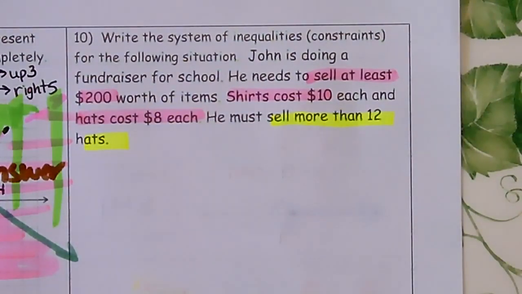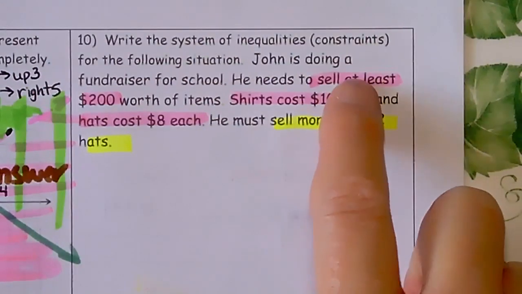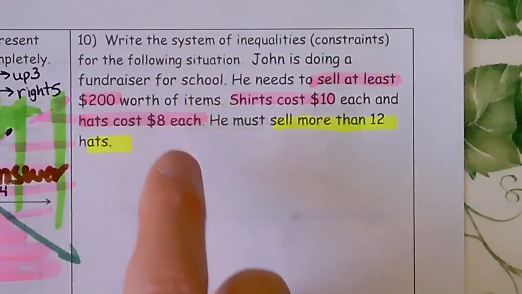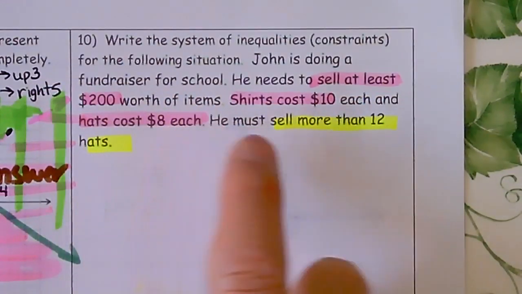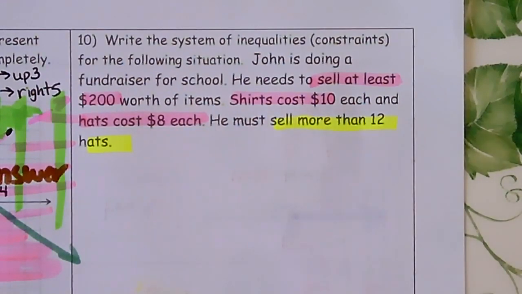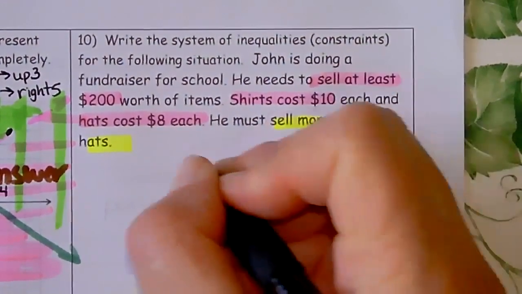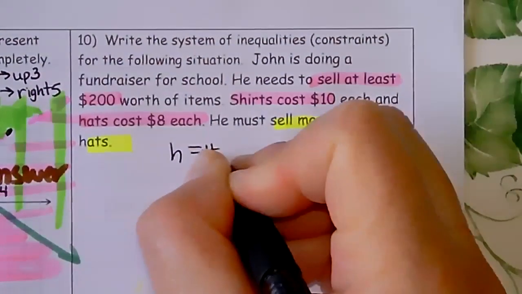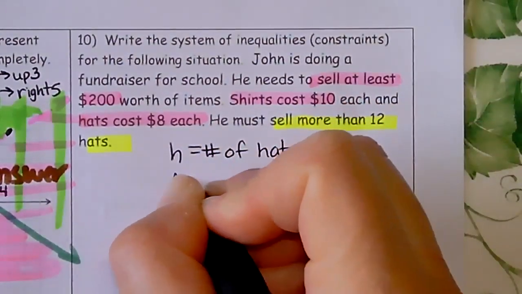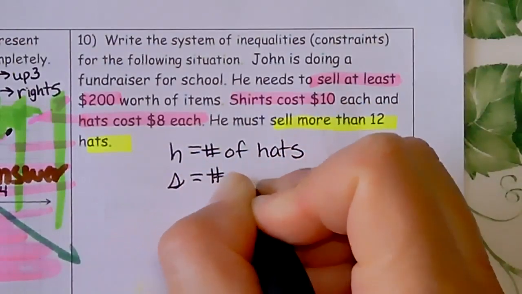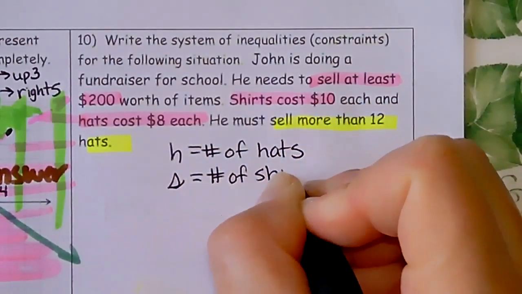So we're going to have two inequalities. One's going to be dealing with all the pink stuff, which is dealing with dollars. The other one's going to be this one. So I'm going to have H equal number of hats, and S equal number of shirts.